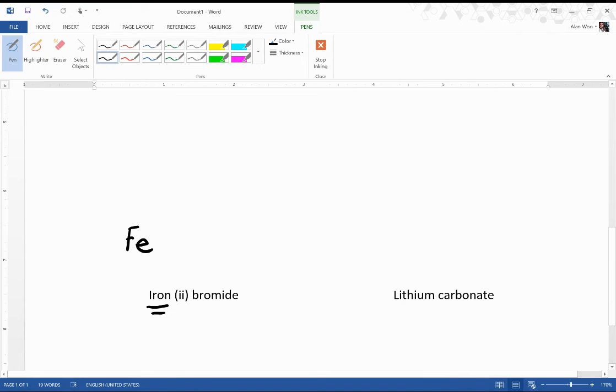Now, the 2 here tells me that this iron atom has a 2 plus charge. Bromide refers to bromine. So you look for bromine on your periodic table and find its symbol. It happens to be Br. Now, Br is in the same family as chlorine.